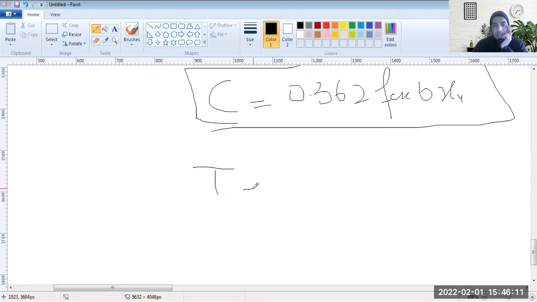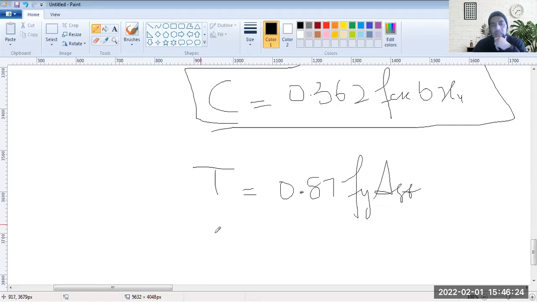And we already have T equal to 0.87 Fy into AST. Because in the balanced section, C is equal to T.